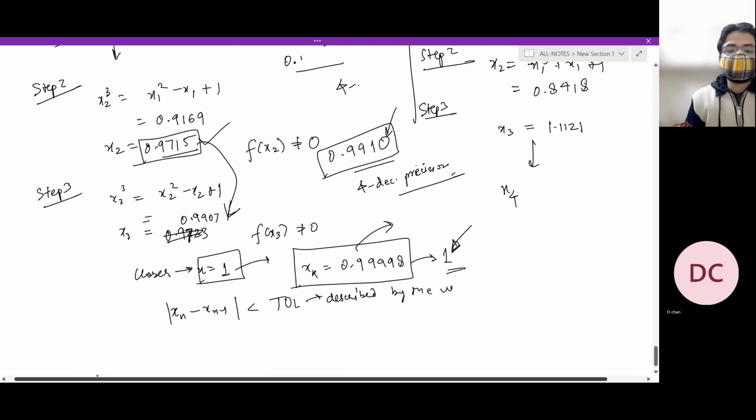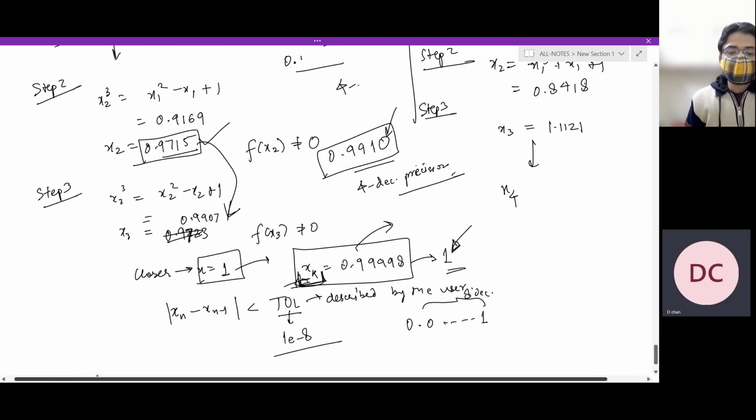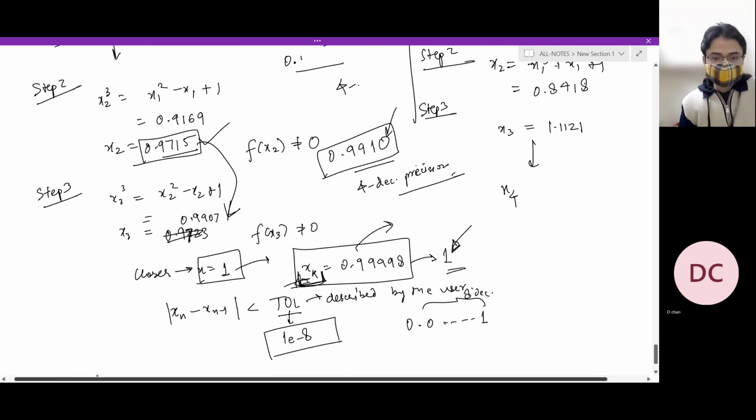Or maybe the user really requires a really accurate solution, so they'll be suggesting a 1e minus 8 type of tolerance. This means that when the difference between two successive steps, the roots being given using this particular successive substitution method, could be up to the 8th decimal place, then you are actually stopping the solution.